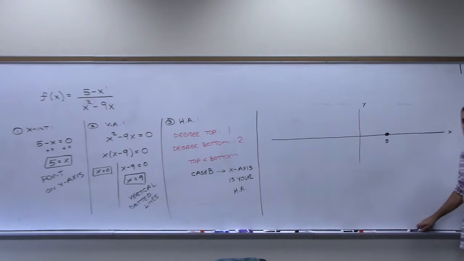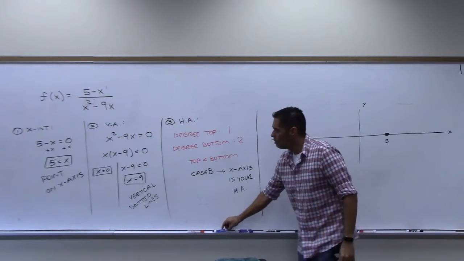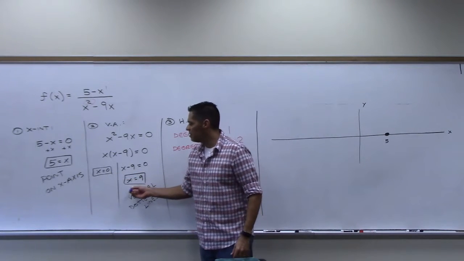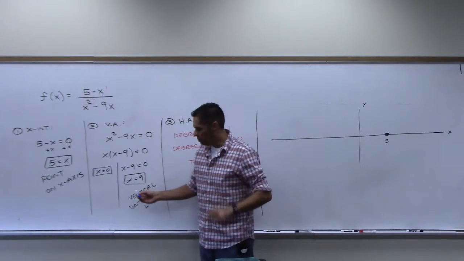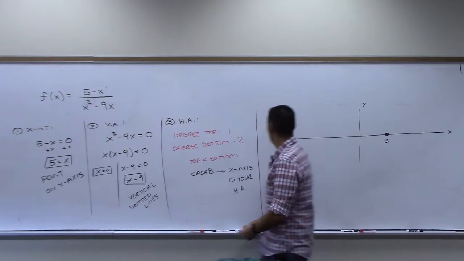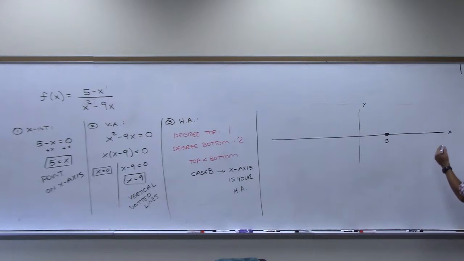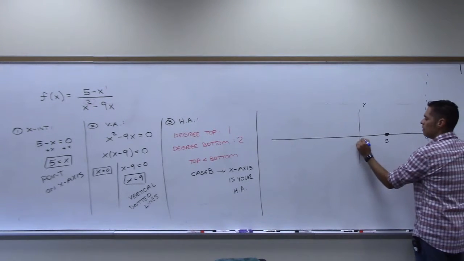The next thing is x is 0 and x is 9. I'm not going to put dots at 0 and 9, I'm going to put vertical dotted lines. Let me do the one at 9 first, because that's easier. I put a little dash here, 9, and then continue with dashes all the way up. There's my barrier. I also need another vertical barrier at 0.